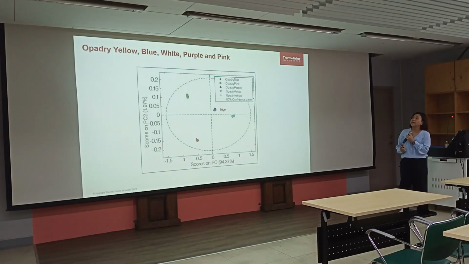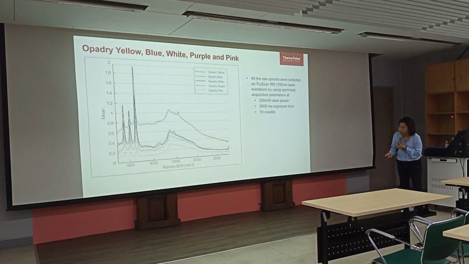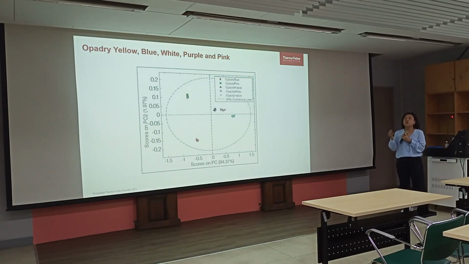Okay, how do I define? I can use the chemometric software to differentiate these 5 groups of Opadry. I get the raw data, put it into the chemometric software, then I can study, oh, these 5 groups can separate from each other, can separate well. No overlapping between group to group.